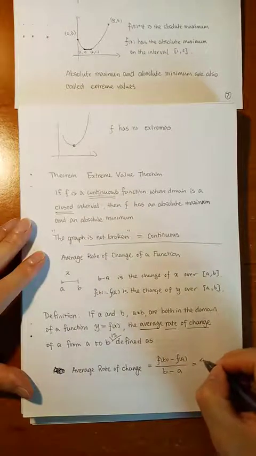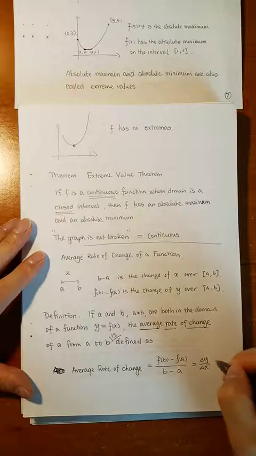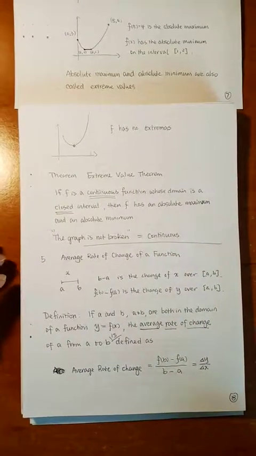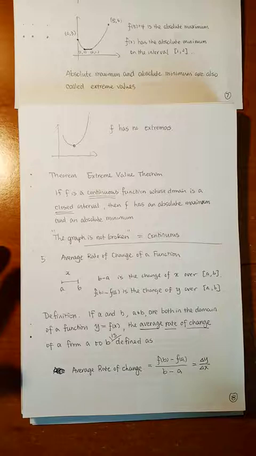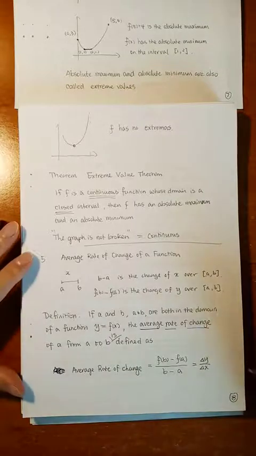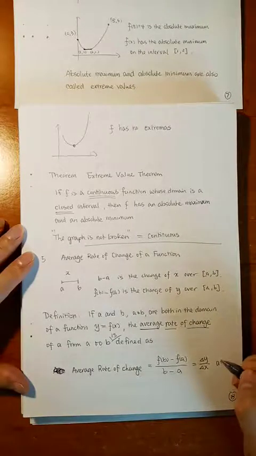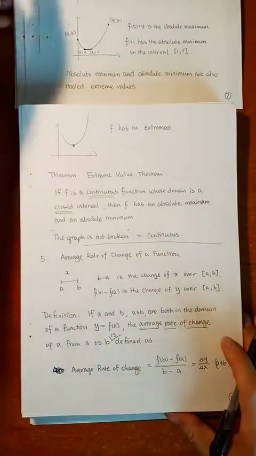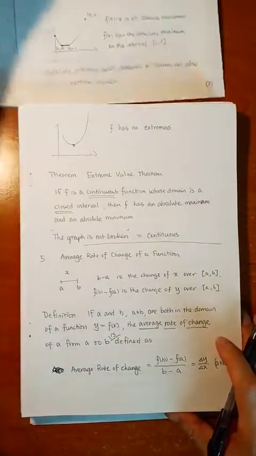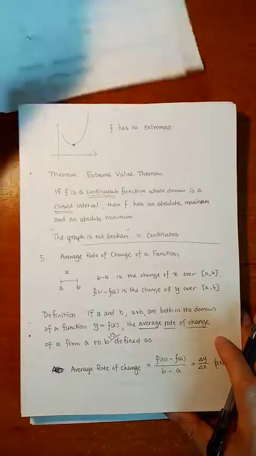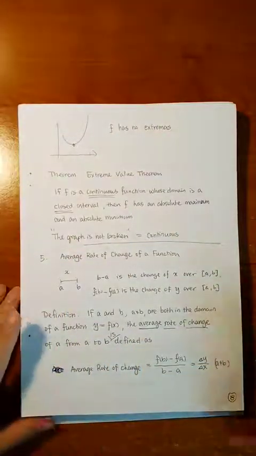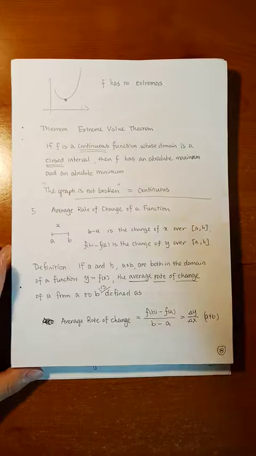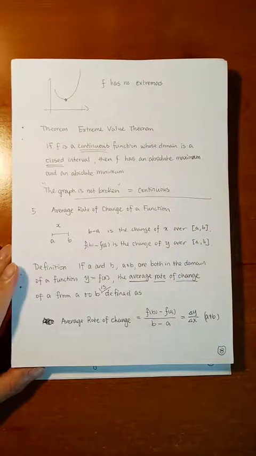In short symbols, we can use delta y over delta x, the difference of y value over the difference of the x value. Here we emphasize a is not equal to b. Denominator is not 0.